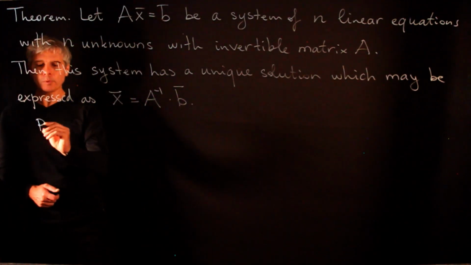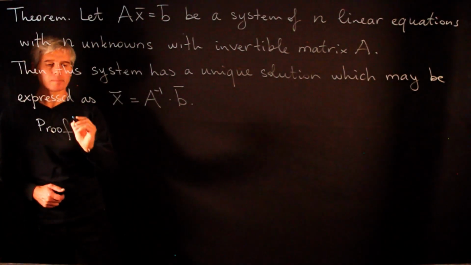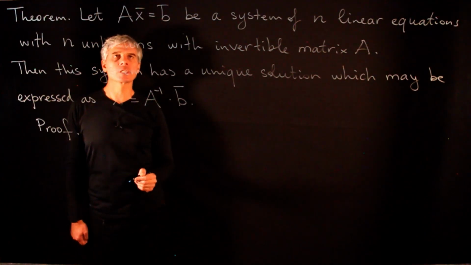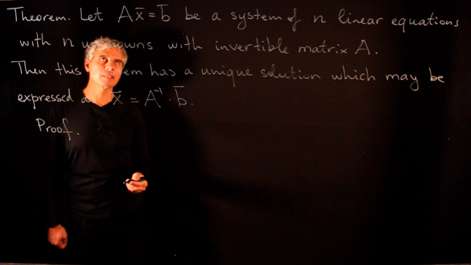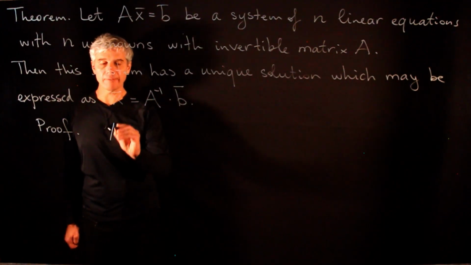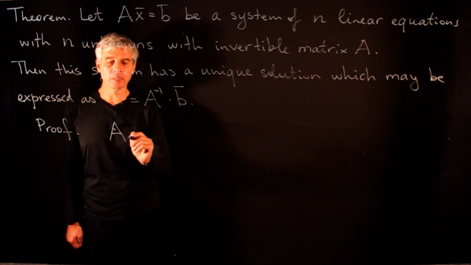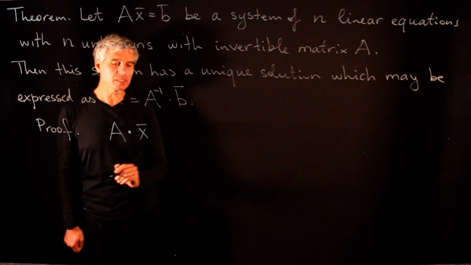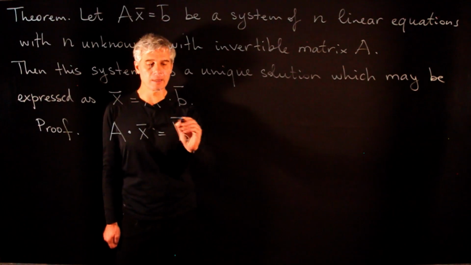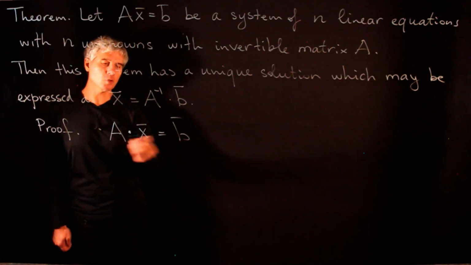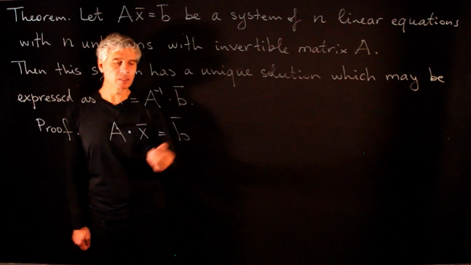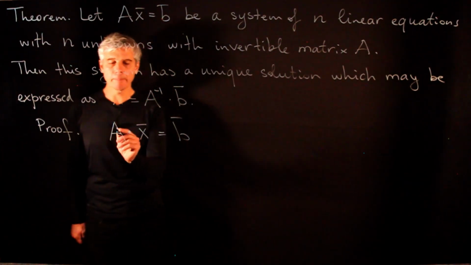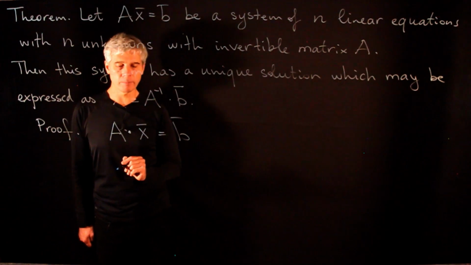And so for the proof of this theorem, we know that a system of linear equations can be interpreted as a matrix equation. So here we have a product of a matrix A with an unknown vector x is equal to B. And we can just interpret this as a single algebraic equation involving the product of a matrix with an unknown vector.